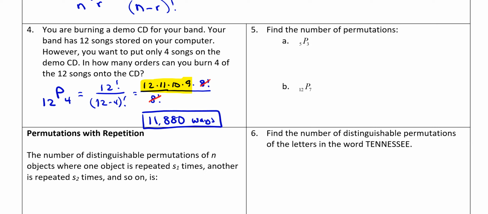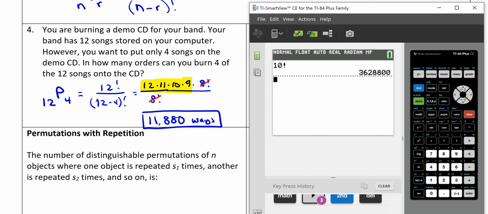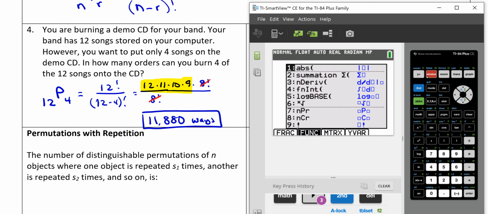I told you just a minute ago there is a way to do this on the calculator though, especially if you're on the ACT and you're time crunched. Notice under my probability button again, in case you've forgotten how I got there, there's 2 ways to do it. Let me clear out of here. You can get this under alpha F2. Notice it's option 7. That's one way to do it.